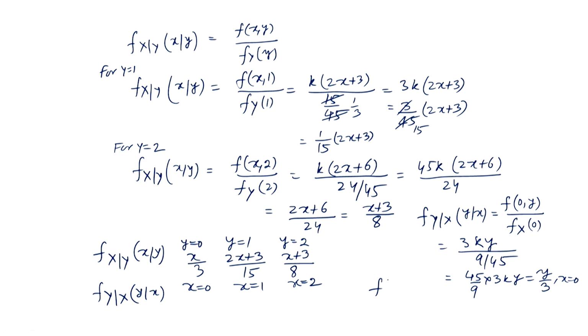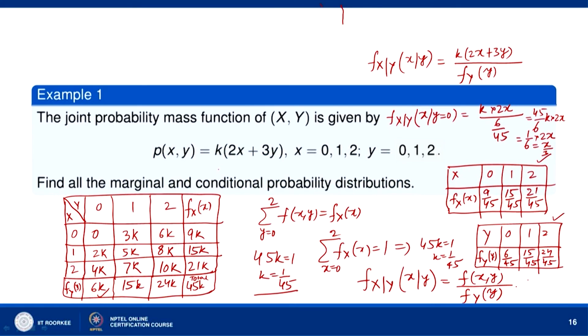Okay. x equal to 1 if you want. So, f y given x will be equal to f, instead of f actually we have taken p. Okay. So, let us write p. So, p 1 y divided by f x 1. So, how much will p 1 y be? p 1 y will be equal to k times 2 plus 3y divided by 15 by 45.